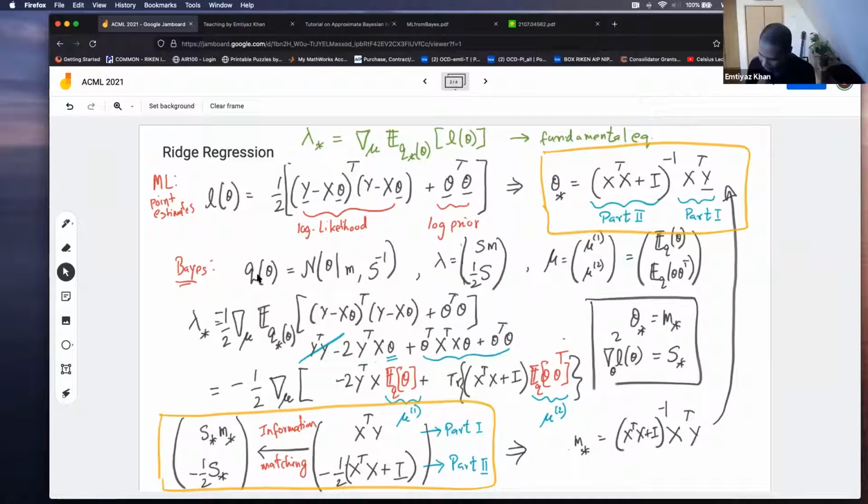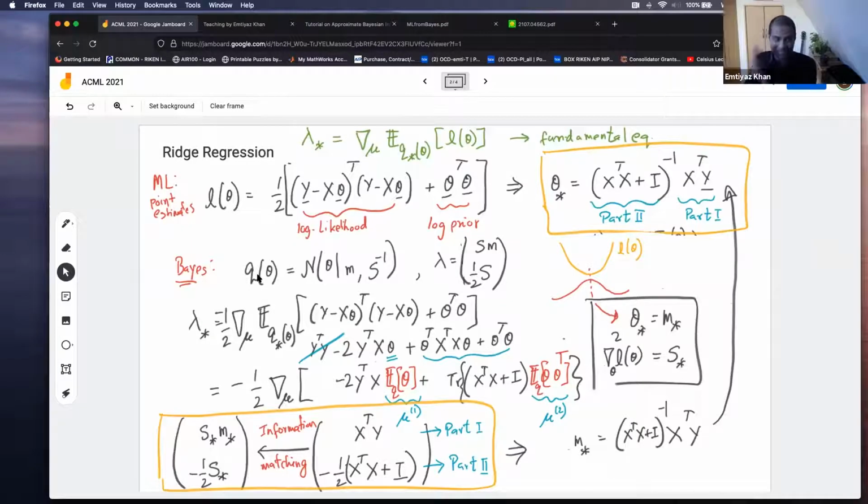The mean is trying to, okay, let me remove this. And I'm going to redraw the picture that I drew before. So this might be the original loss. And your Gaussian is trying to locate itself such that the mean, so M star, is equal to theta star.